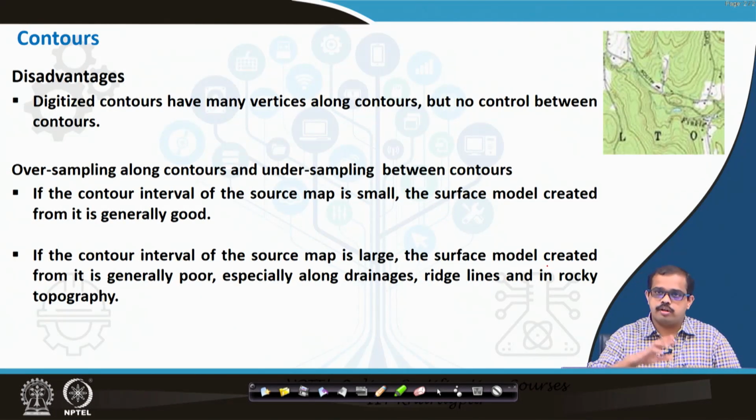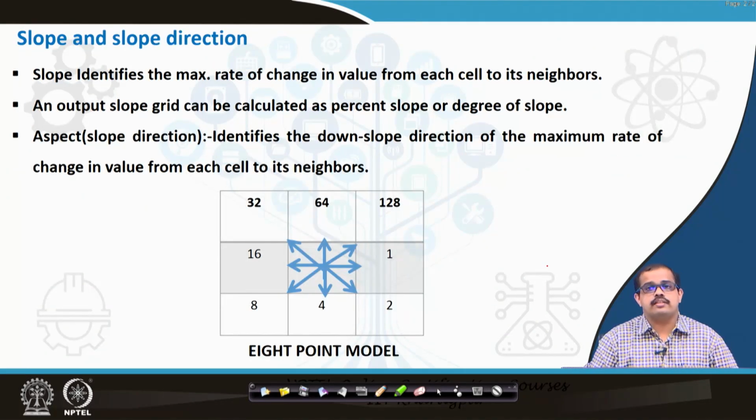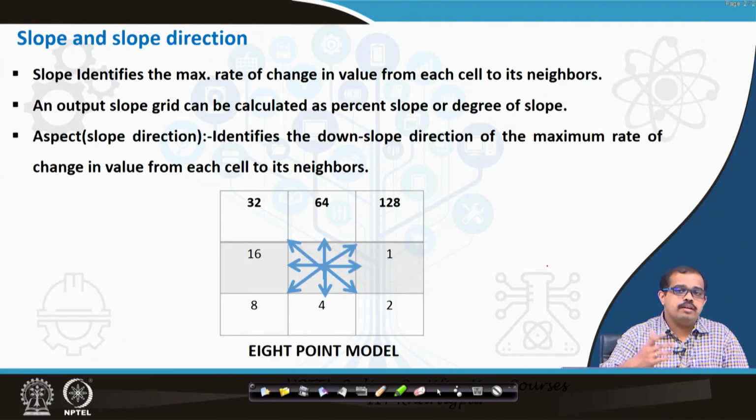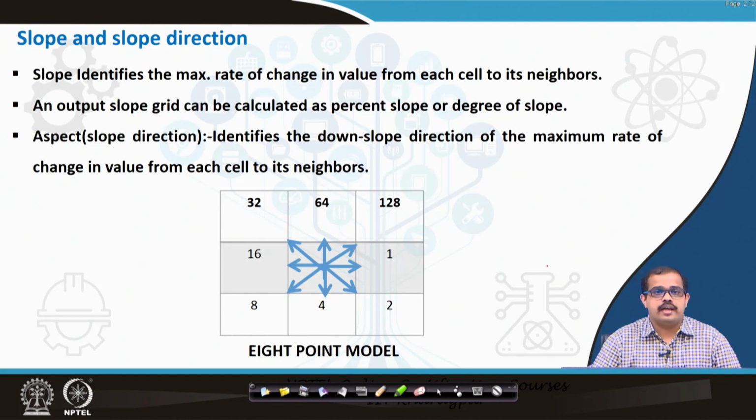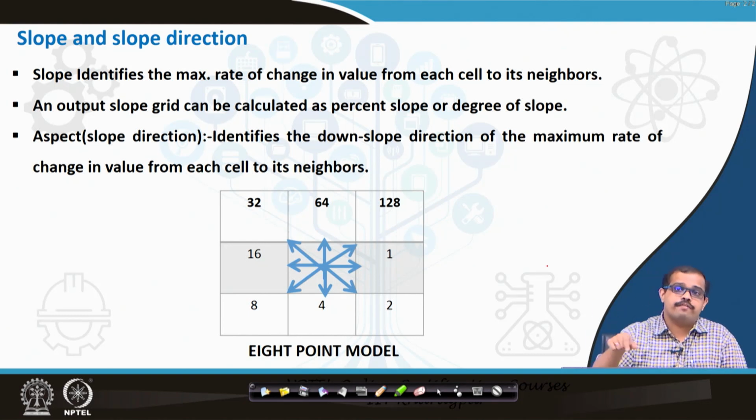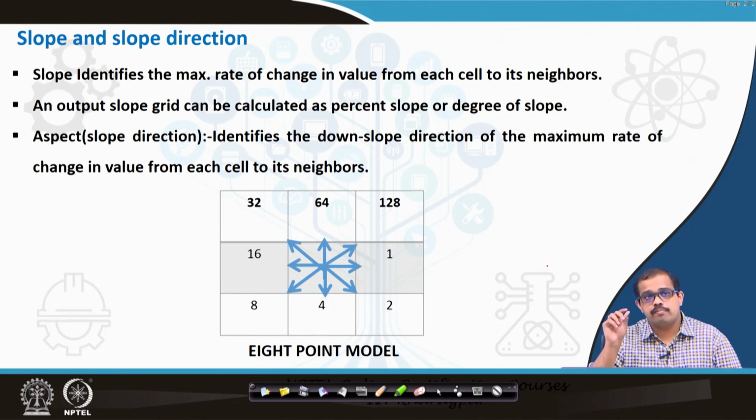I spoke about both the disadvantages and advantages, so you can refer there. And there is another model called the slope and slope direction model. If you are looking at a hydrological application, this is an extremely useful kind of model. It identifies the maximum rate of change and the direction of the rate of change. That is what is important in a slope and slope direction model.